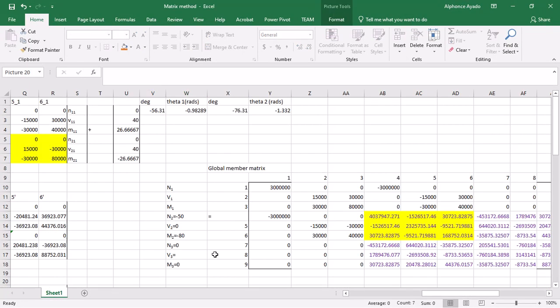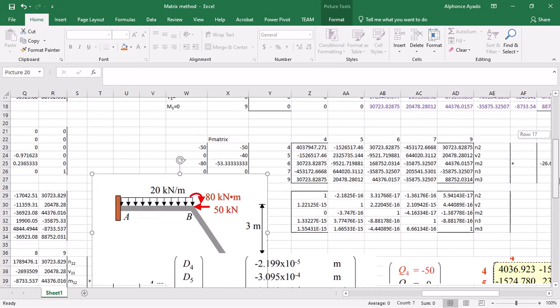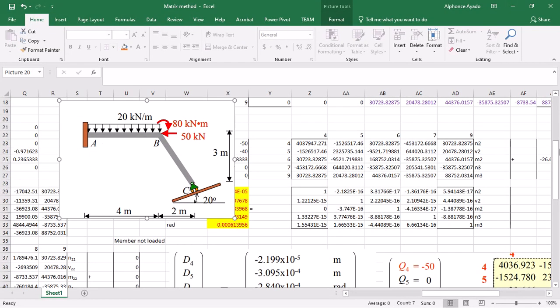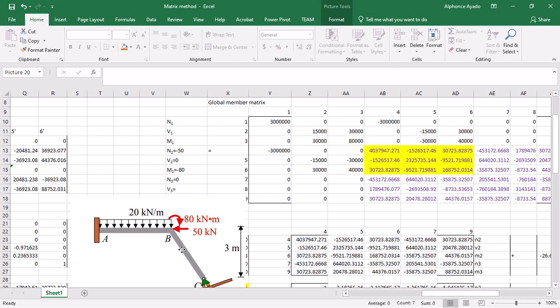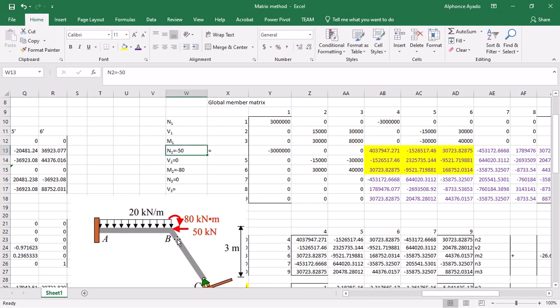So the boundary condition at node 2, minus 50 is indicated. The shear force is 0 because there is no support. If there is no support, the shear force is 0. So support is like A, there's a support, and C, there's a support.